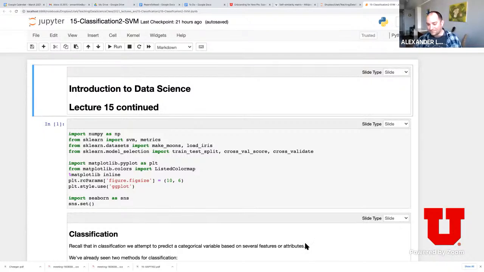Maybe it's 8 in a different subset of the data set. That's why models that are overfit way too much perform perfectly on the training data set, but don't perform as well on the test data set.